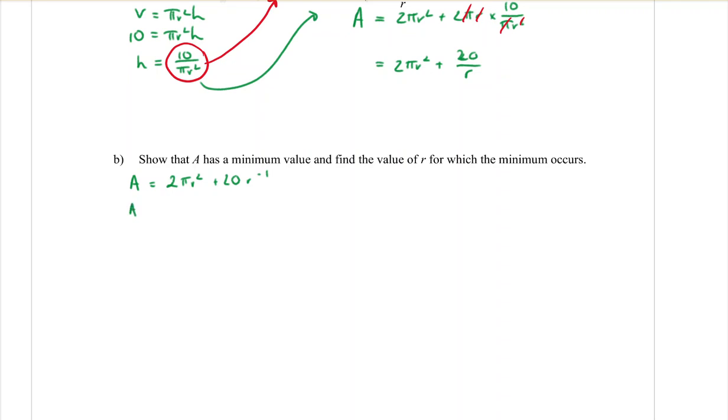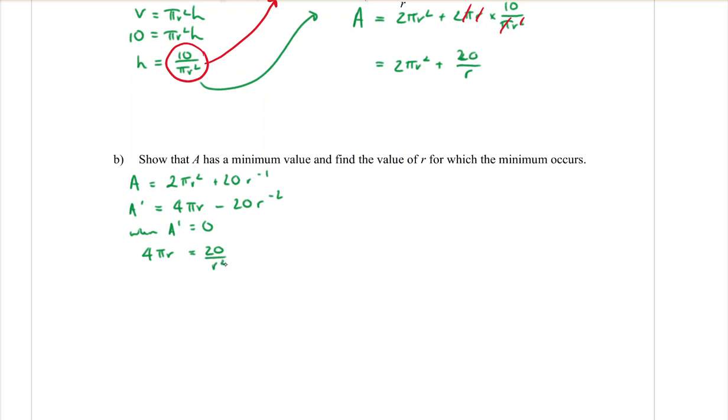The derivative, should be getting good at this now, timesing the 2 down will give us 4 pi r. Then the second term, bring the minus 1 down, so negative 20 r to the negative 2. I want the derivative to be equal to 0. So that means the 4 pi r will be equal to the 20 over r squared.